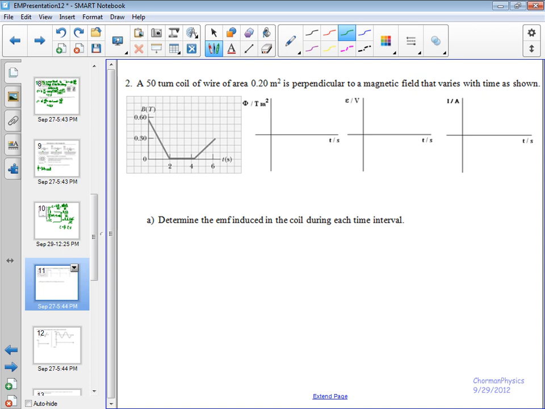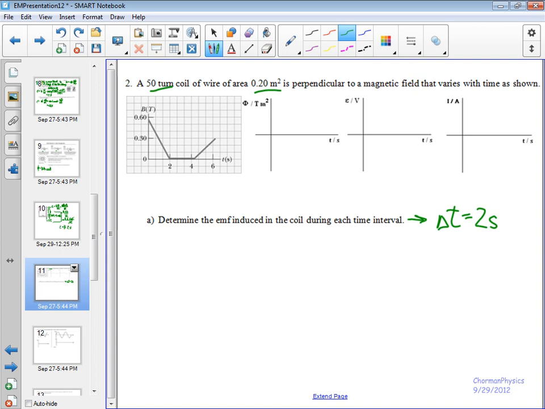So for the first one here, we have a 50-turn coil of wire. It has an area of 0.20 meters squared. We should be able to solve for the EMF induced in the coil during each of these little time intervals. If you look at the graph, the delta t's for all of them are 2 seconds.